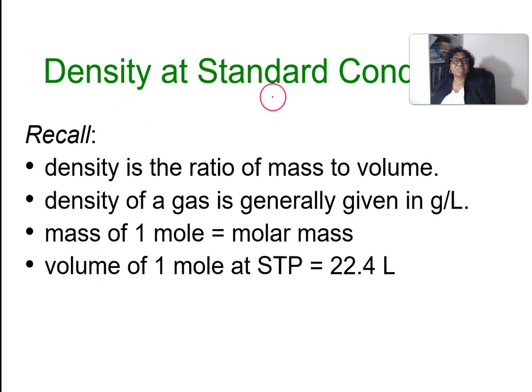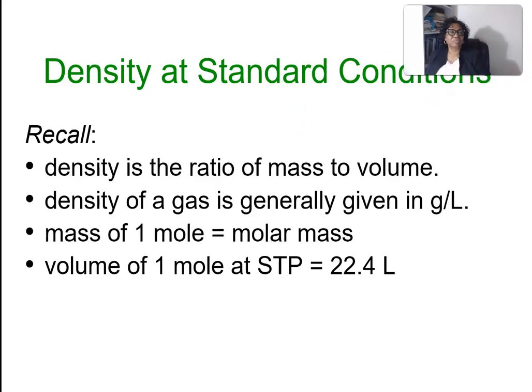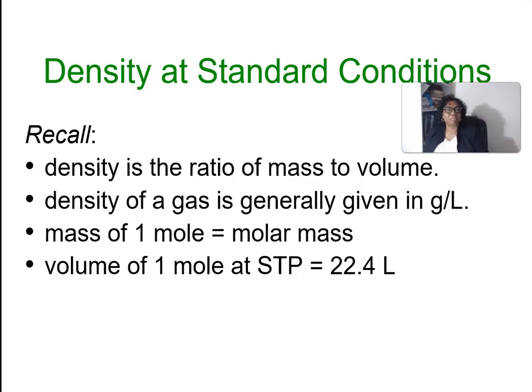When we talk about standard conditions, density is the ratio of the mass to the volume. The density of a gas is generally given in grams per liter because gases occupy a lot of volume.